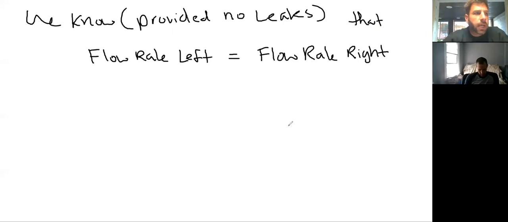So what we want to do now is use this information to derive a useful formula from it. You can study each of these equations separately.